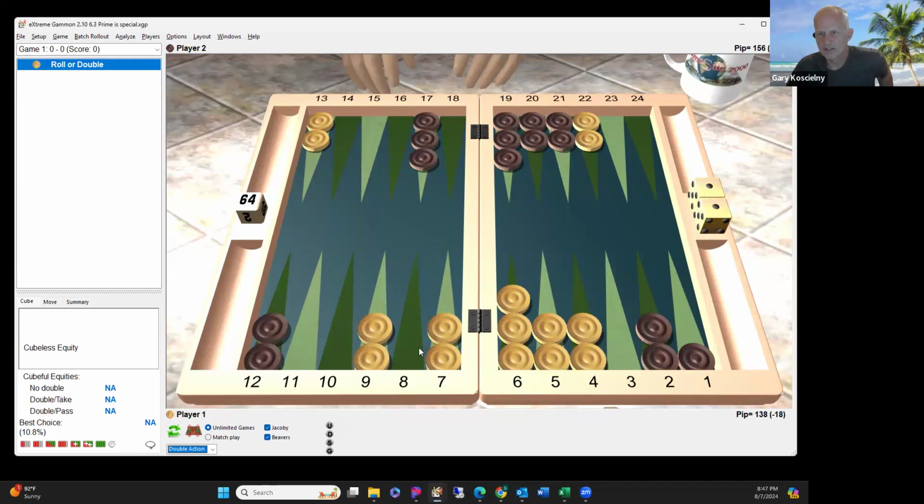Certainly there's some to make the 8 point, there's some to make the 3 point. The blitzing advantage, there's no real blitz advantage here because of black's anchor. So you wouldn't give anything for that, and certainly has race.